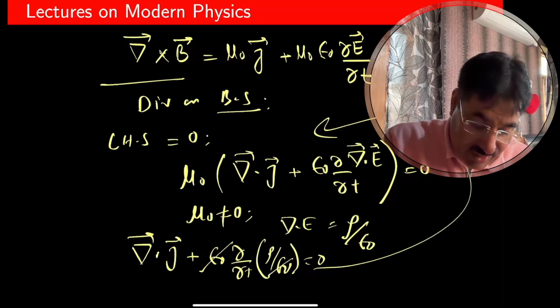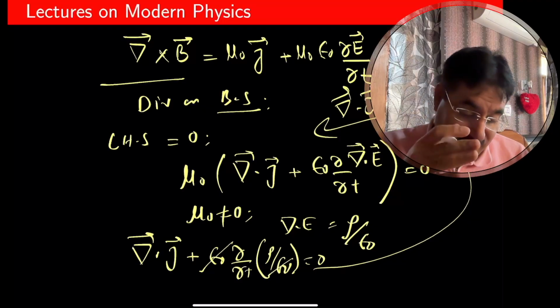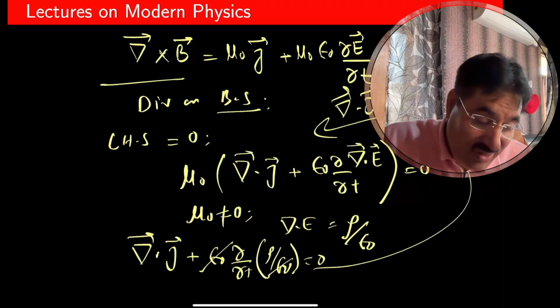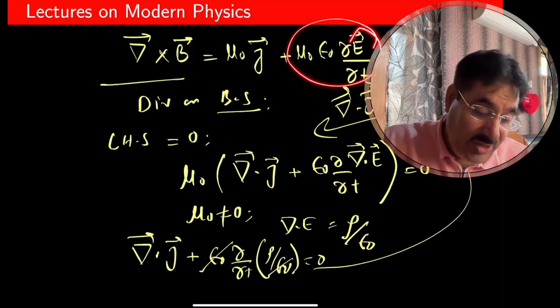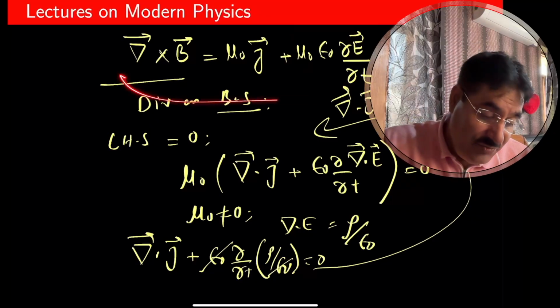So what do we have? We have del dot J plus del rho by del T. And that is 0 because that is conservation of charge. So the left hand side is 0, the right hand side is also 0. This term not only makes the left hand side equal to the right hand side, but it also rescues the conservation of charge. And therefore we are done.